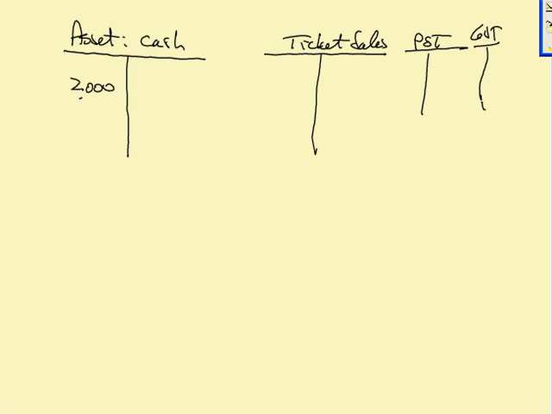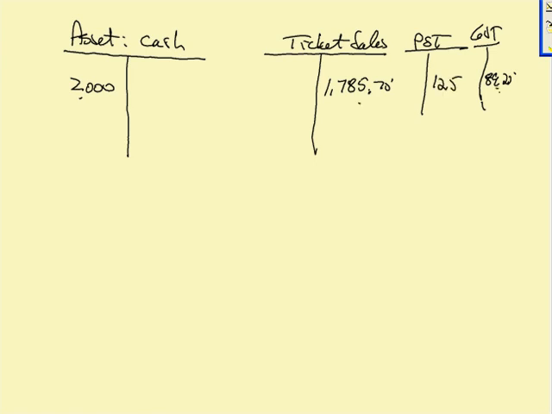The total ticket sales were $2,000, but part of that represents taxes that we owe back to the government. So when you do the math, you find out that $1,785.75 represents ticket sales, the amount of GST that we owe is $89.25, and the amount of PST that we owe is $125. Now, if you add those three numbers up, you'll get the 2,000.